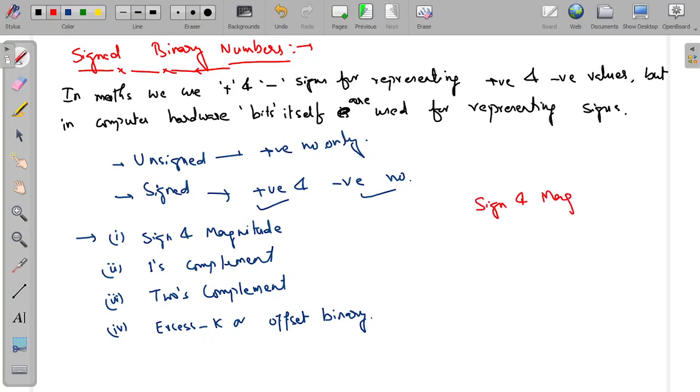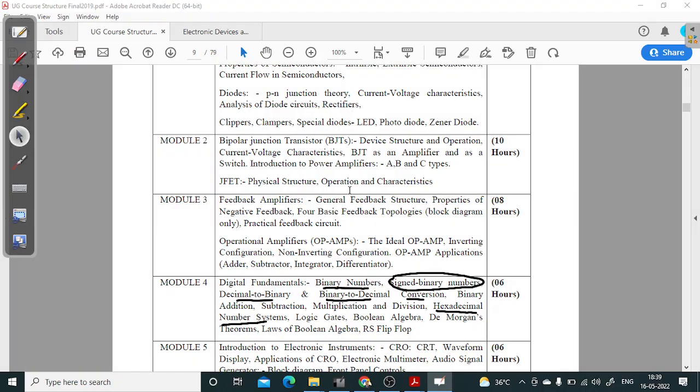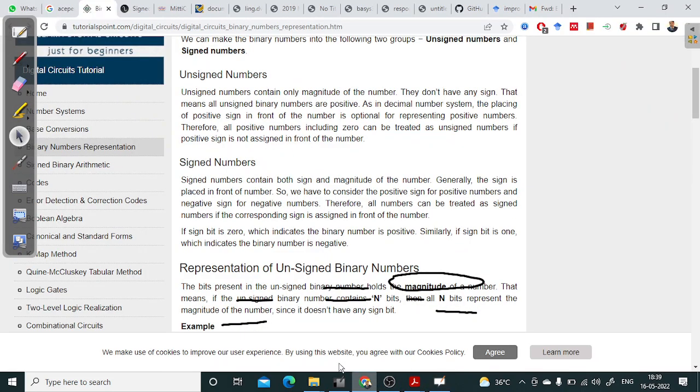Sign and magnitude representation. So for this I will switch to here. Look here. Like I said, we have unsigned and signed numbers.